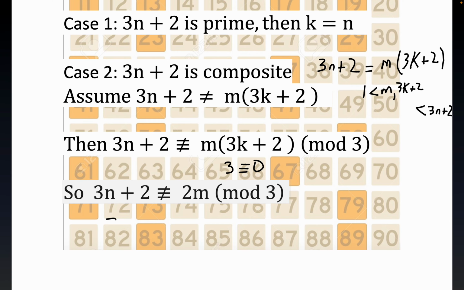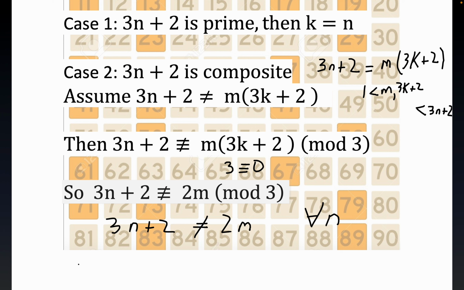This says that 3n plus 2 is not equal to 2m, and I'll write this just for all n. This is where writing down the universal quantifier is very important. Notice this is completely false if n is even.